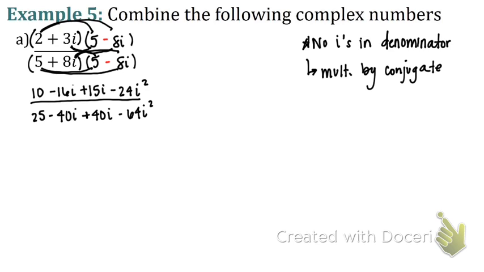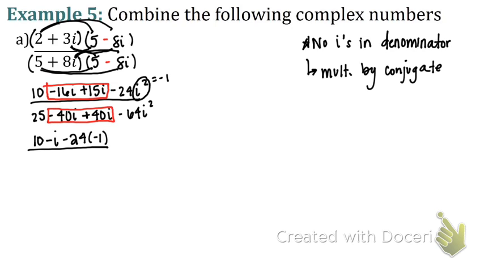So in the numerator, we see that we have a negative 16i plus 15i. That is going to simplify to a negative 1i, or negative i, right? We know that our i squared equals a negative 1. So we have negative 24 times negative 1. In our denominator, we have negative 40i plus 40i.